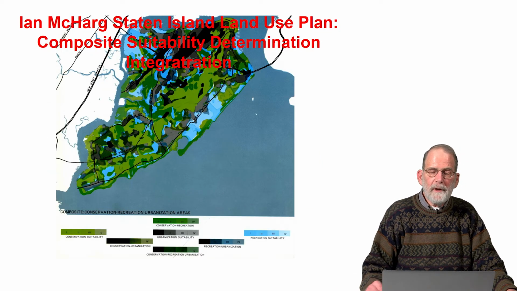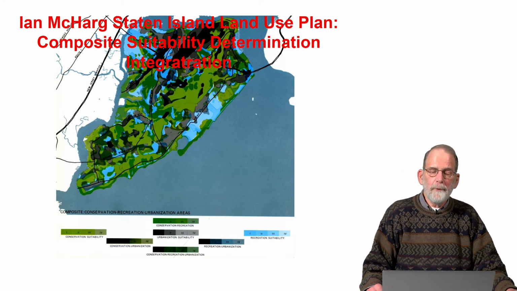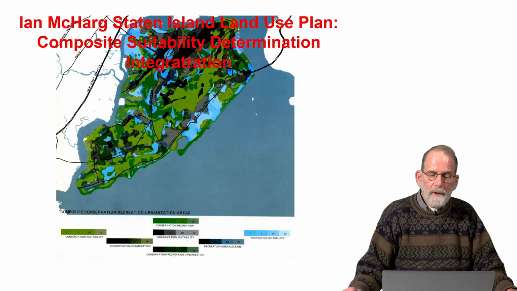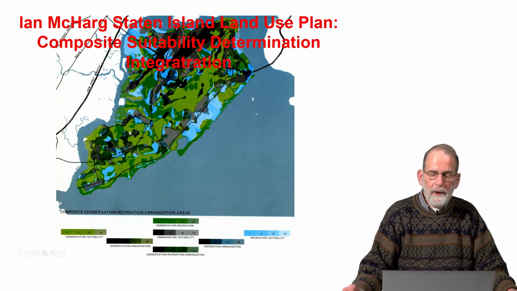Came up with a master plan then that allowed for recreation in areas most suited for recreation, urbanization in areas most suited for urbanization, conservation in areas most suitable for conservation.